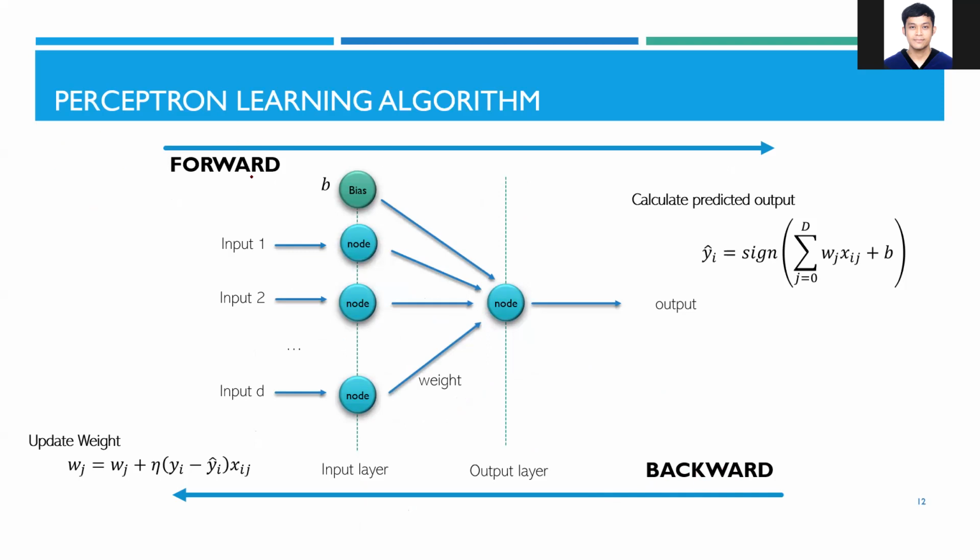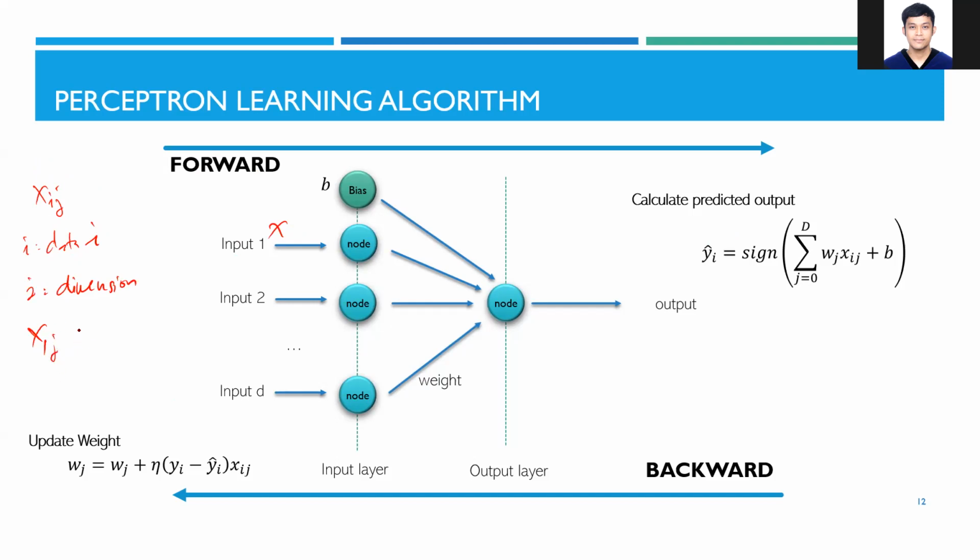Here is the mathematical representation of the forward and backward for the perceptron learning algorithm. For example, we have data x_ij, which means i is the data index and j is the dimension. For the first data, we have x_1j.